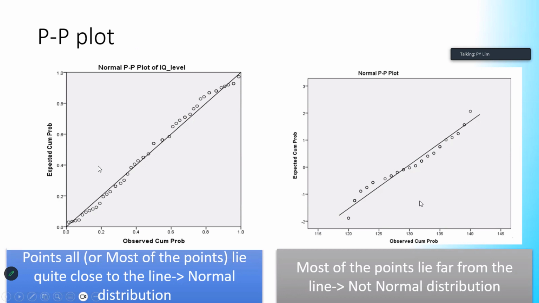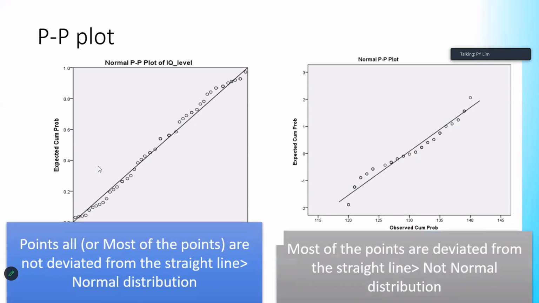You ask me how to consider far or near. It depends on you. This is a weakness of this method. Like to me, I feel that this is near to the line, but some people feel that this is far from the line, so they consider it not normally distributed. So it depends on your research team to decide whether it's normal or not normal.